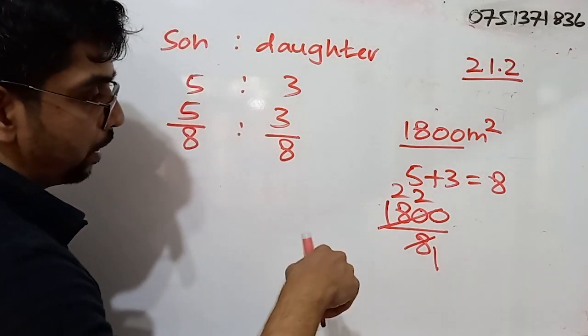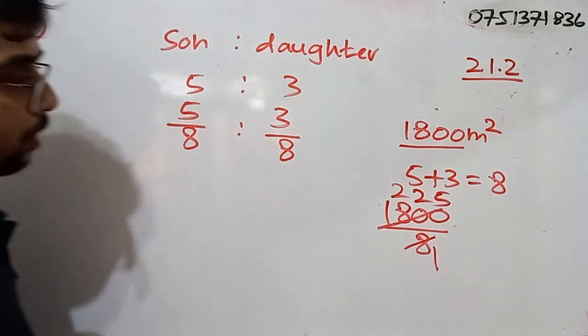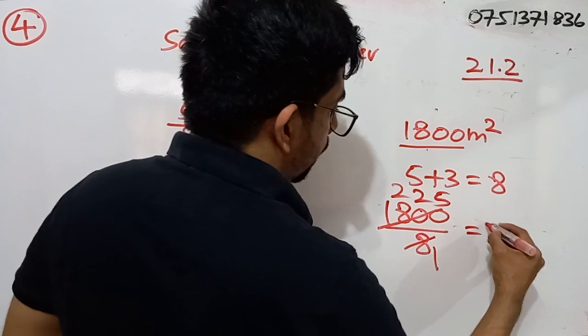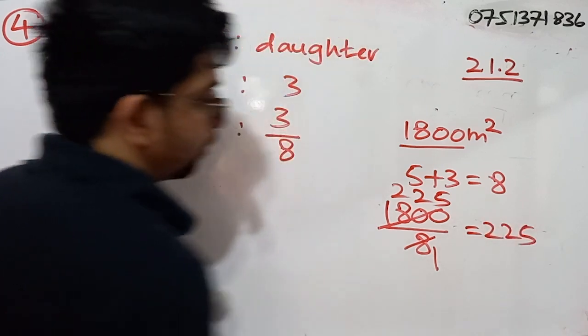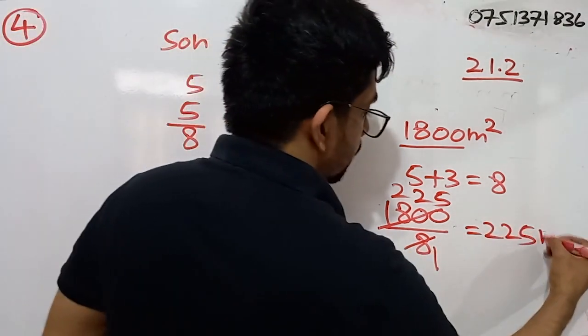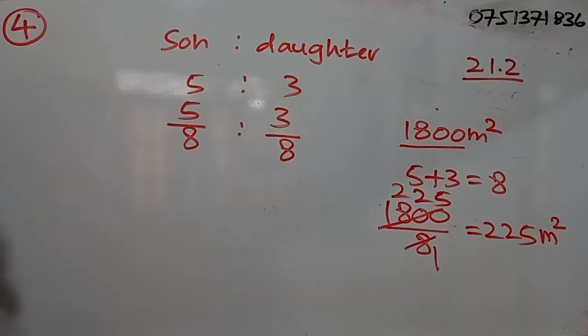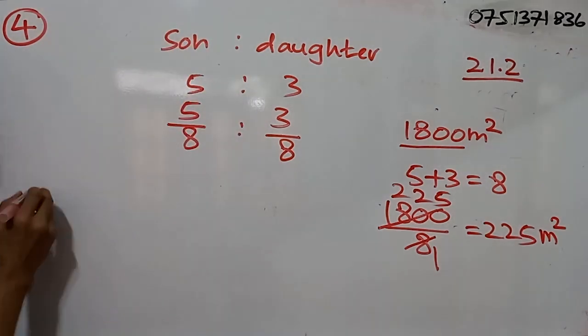So we get a remainder of 4. That means for 40, we get 5. So value of one part is what? 225. So these are square meters. They are asking us to calculate the amount of land which is received by the son. Right?